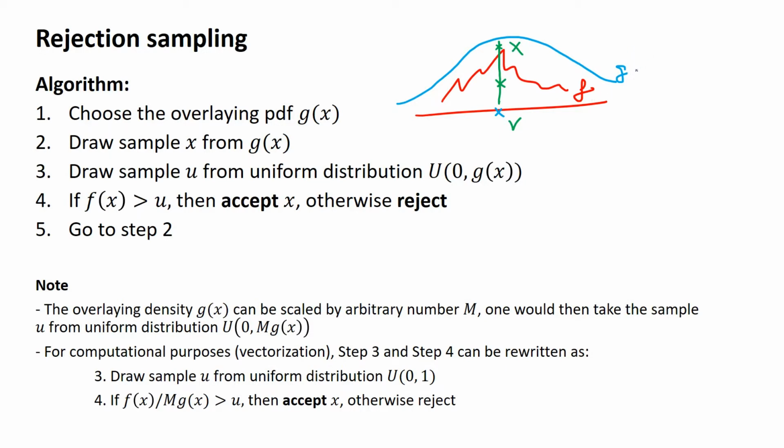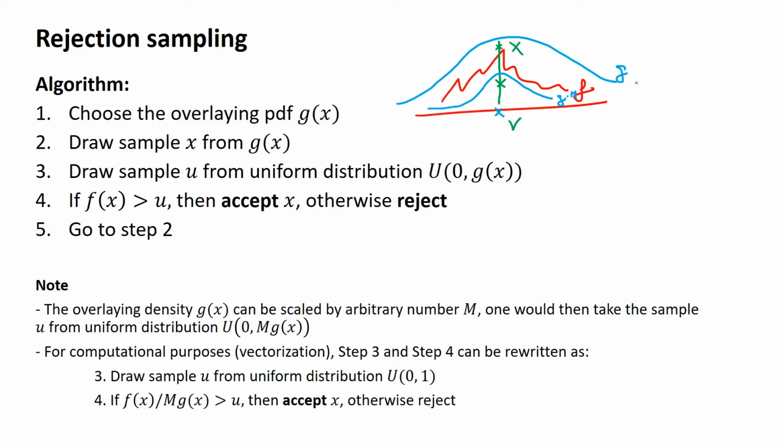But how to do it, right? Because maybe g is a standard normal distribution, so it looks like this, and we don't know how to push it upwards. So in these cases, we can multiply this standard g by some number. Let's call it m.